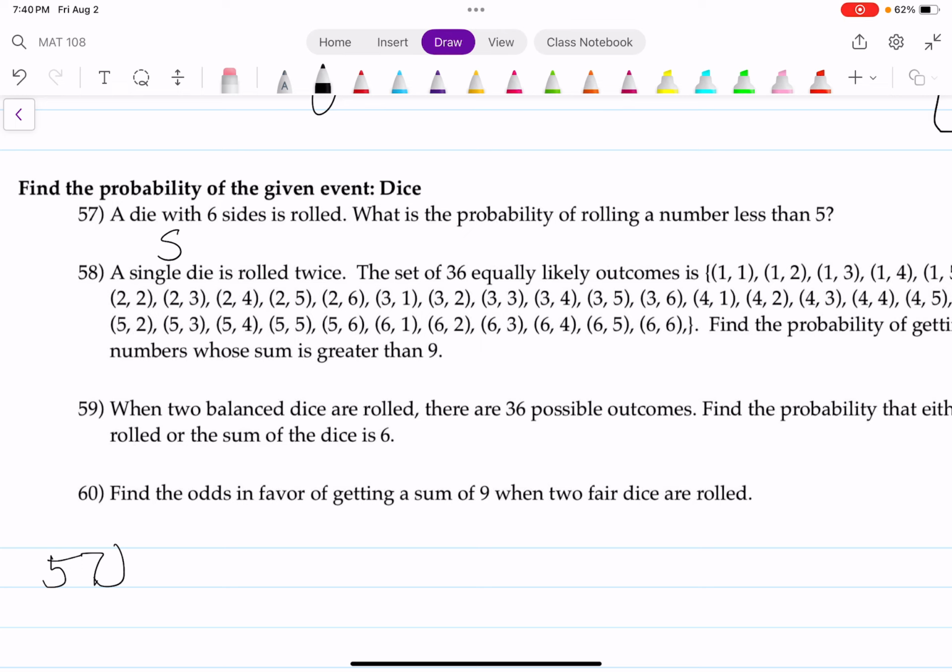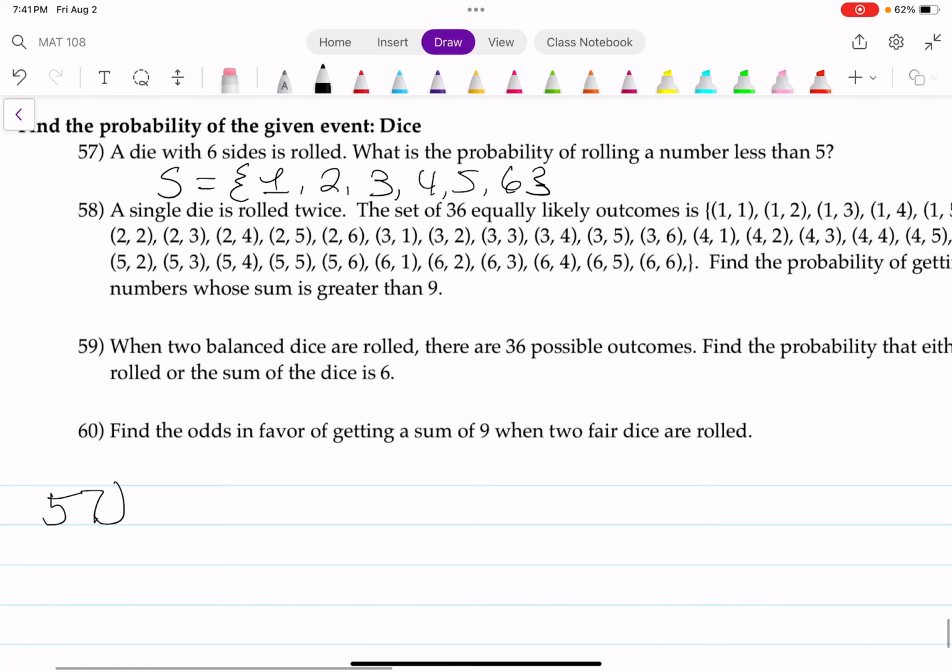The sample space for a single die is just a set of natural numbers from 1 to 6. So to find the probability that a number is less than 5, we look at the 6 outcomes.